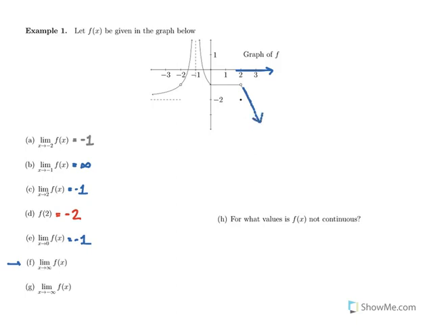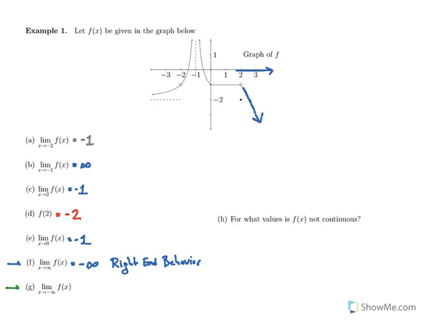Well, we can see because of that arrow pointing down that these function values are just going to continue to go down and down and down. This is going to approach -infinity. This is the idea of the right end behavior, which we spent some time talking about in the pre-calculus review. This is the right end behavior of the function, also known as the limit as x approaches infinity of the function.